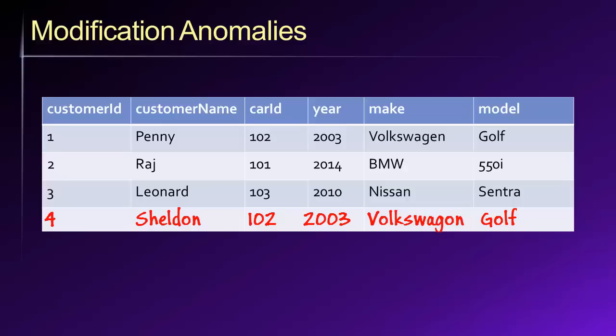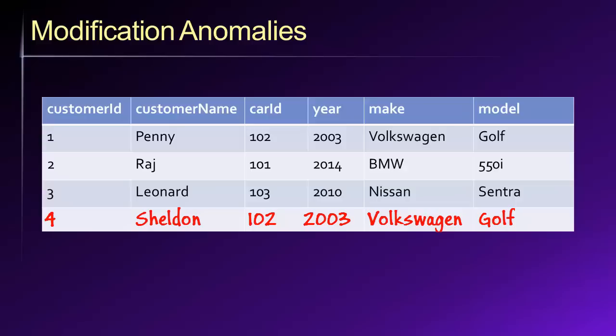Finally, we can consider an update anomaly. Let's say, for example, that we want to change the car ID for a 2003 Volkswagen Golf from 102 to 100.